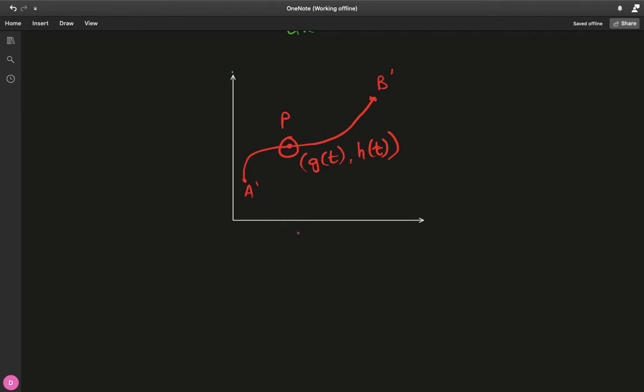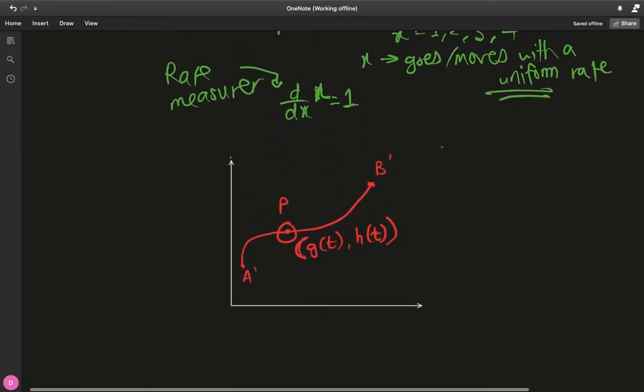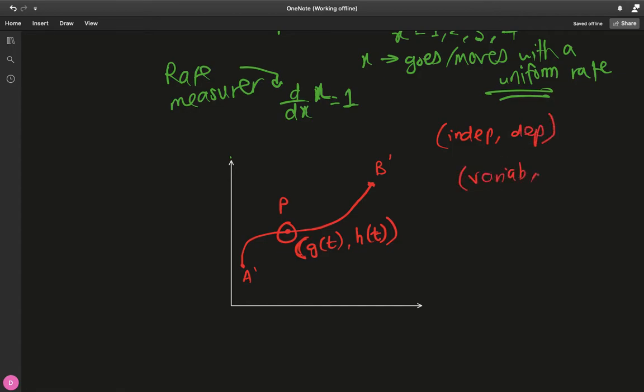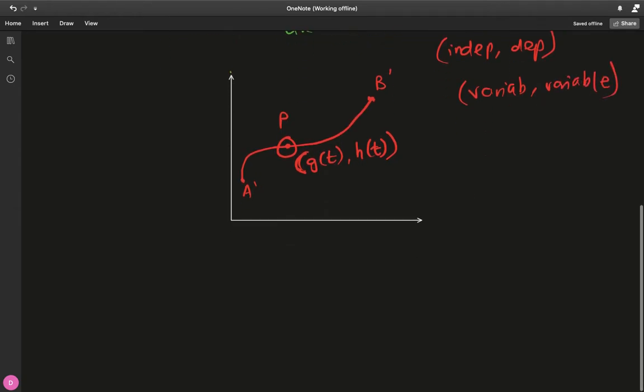And how that is helpful is because instead of having a point with an independent variable comma dependent variable, we are writing them as variable comma variable, but both of them are functions of t.